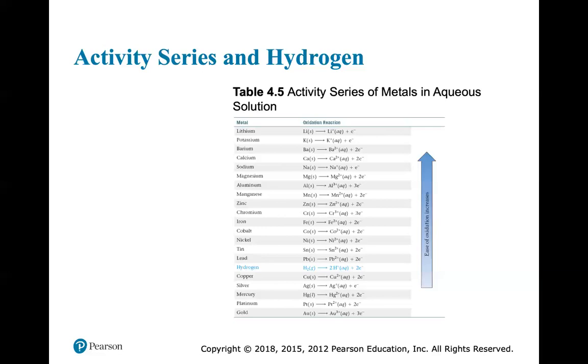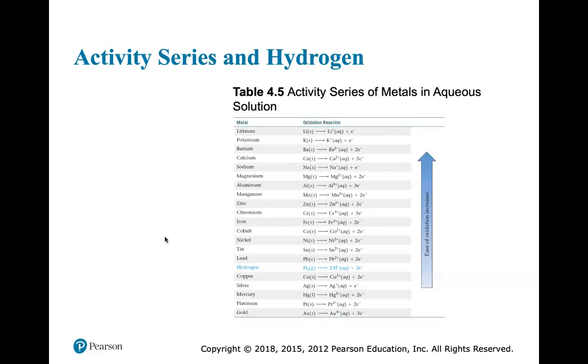In single replacement reaction, the element above will replace something below it, but something below will not replace something above it. So for example, let's see how this one works.